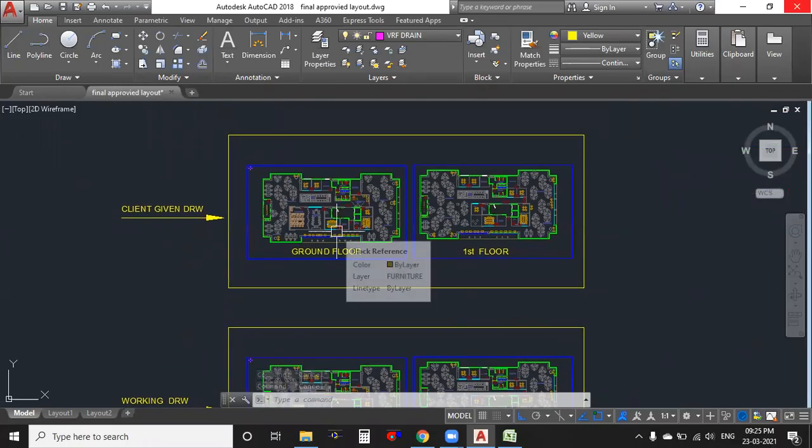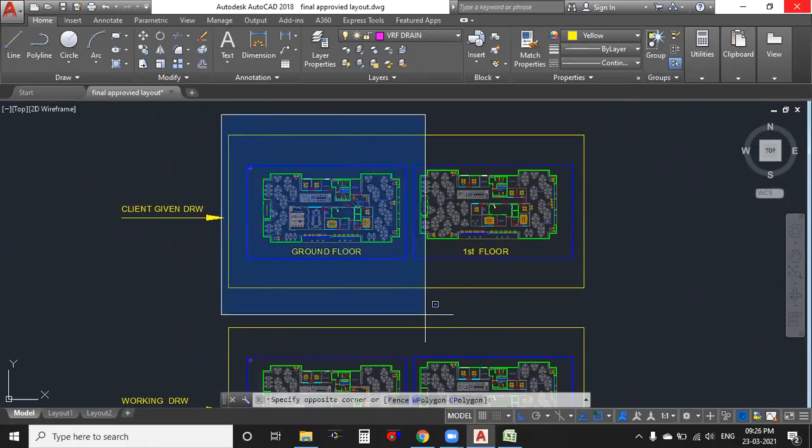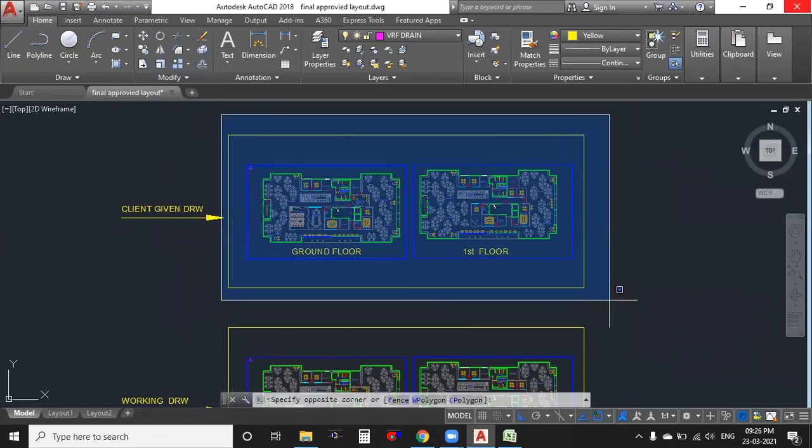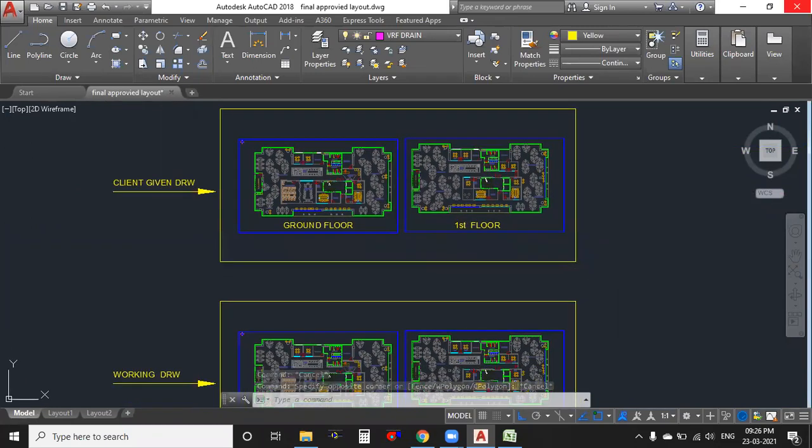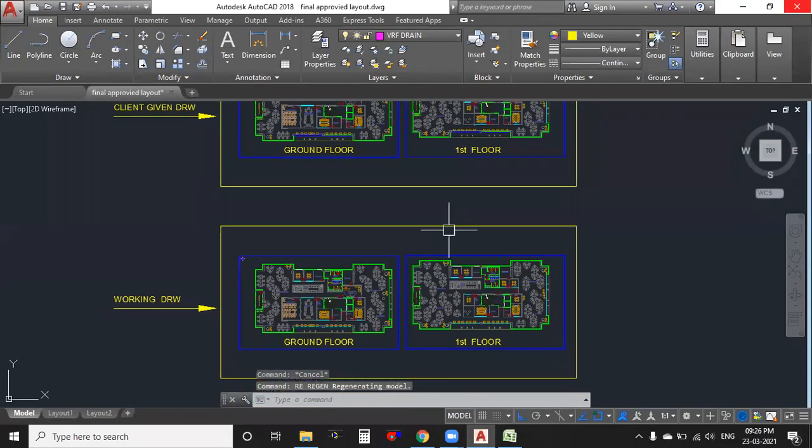That's the reason I'm telling you guys, whenever you get a layout from our architect, please copy the original file. From the original file, make another duplicate file, and work only in the duplicate file. If it is a small layout, there is no issue at all; you can work with the original or the copy. But whenever you get a big, huge file, please copy and then work.